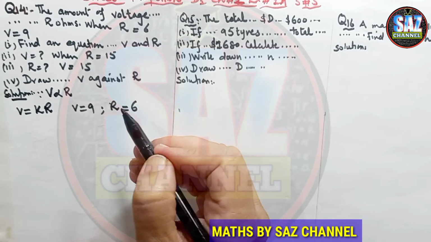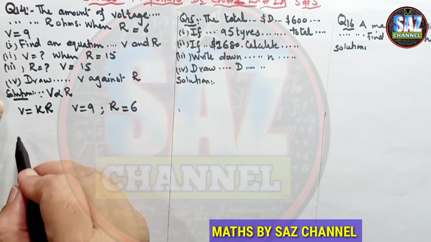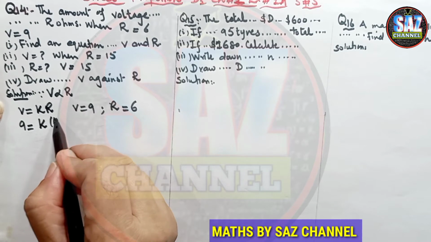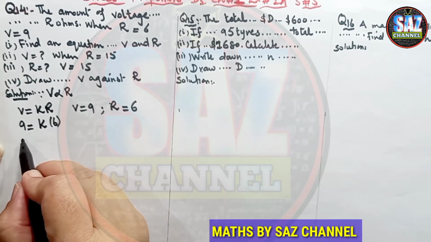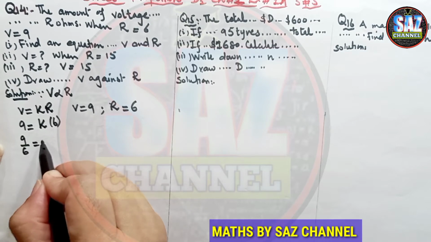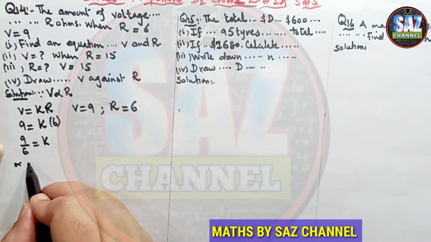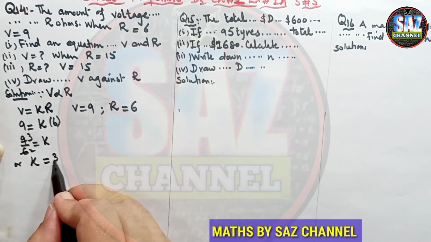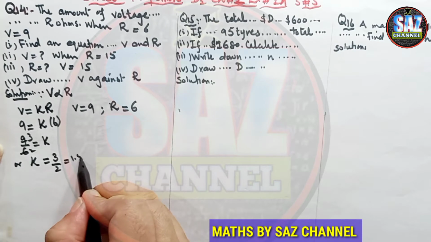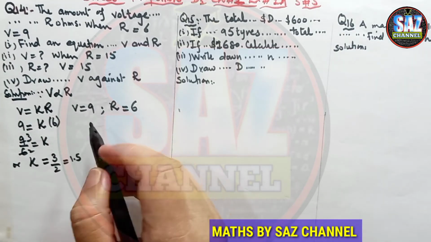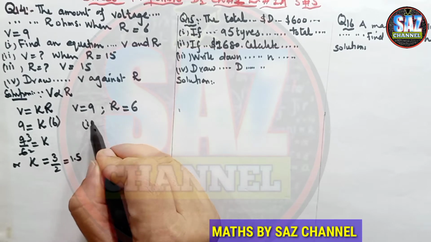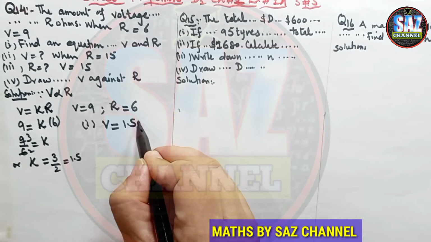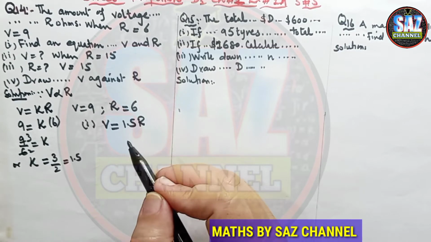So instead of these two letters, I have to replace these values. 9 equals K times 6. In order to get the value of K, shift 6 to the other side. It will become 9 by 6 equals K, or K will be equal to 3 by 2, or 1.5. So the equation that will connect V with R is V equals 1.5 R. I hope you are clear about this part.